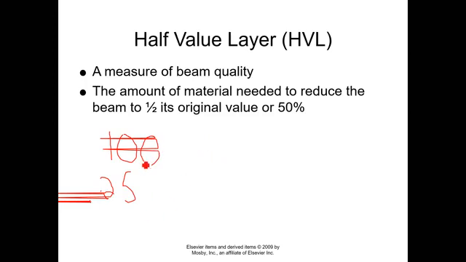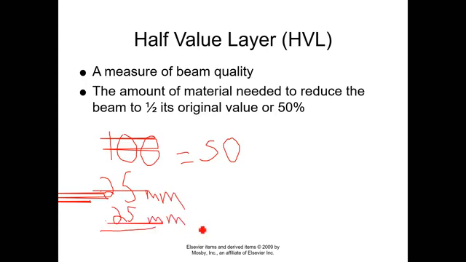So 1 half value layer would equal 50. And then if you threw in another half value layer, which would be another 0.25 millimeters of lead, I keep saying aluminum, sorry.